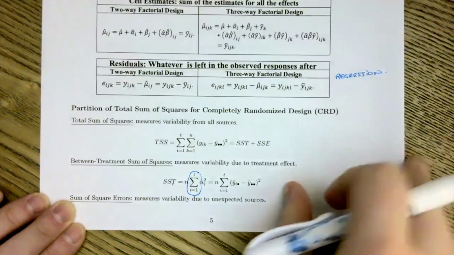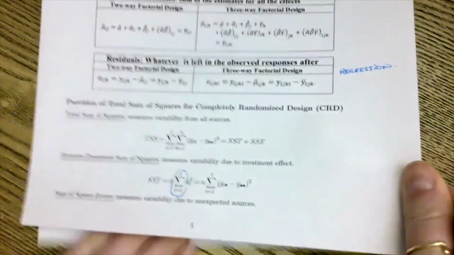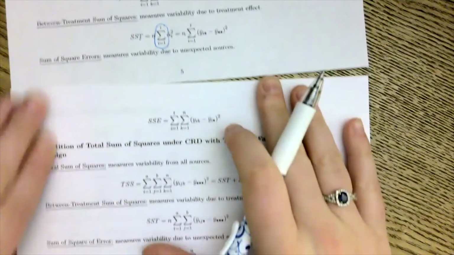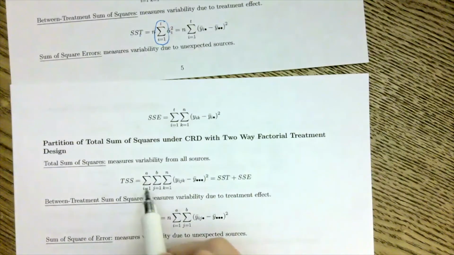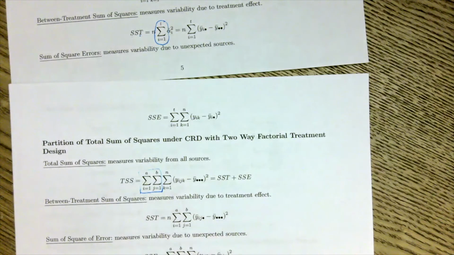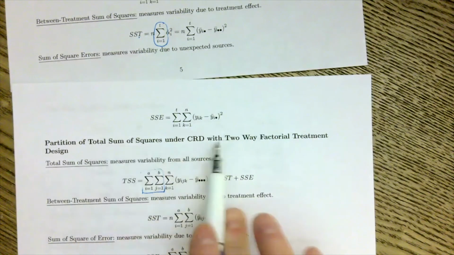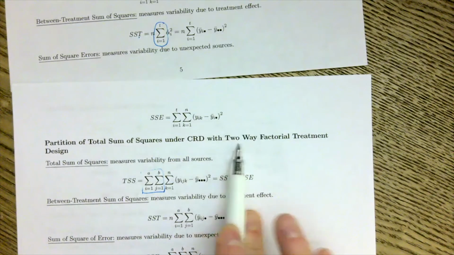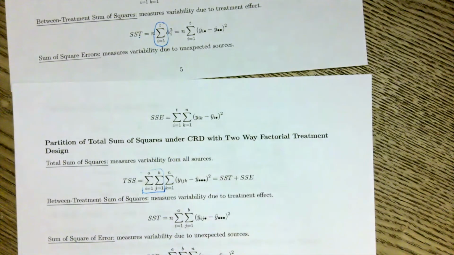But in this case, we now can break this treatment so that we have a representation of both of our factors. This is going to be the sums of squares under the CRD with two-way factorial treatment design.